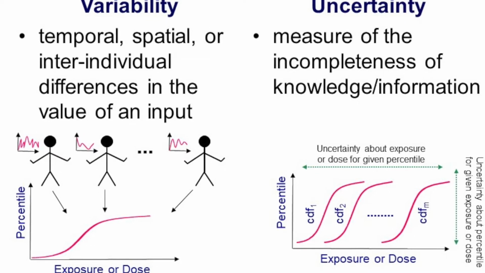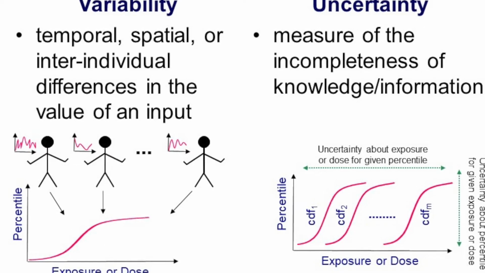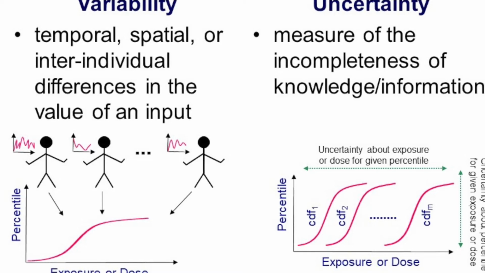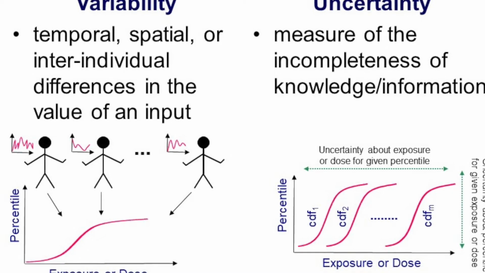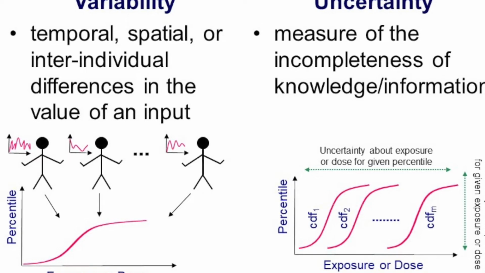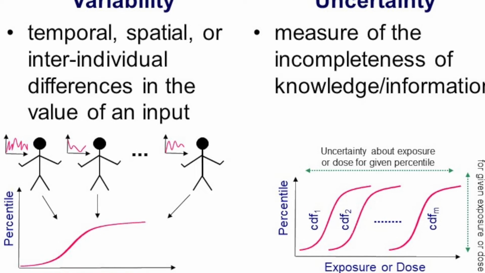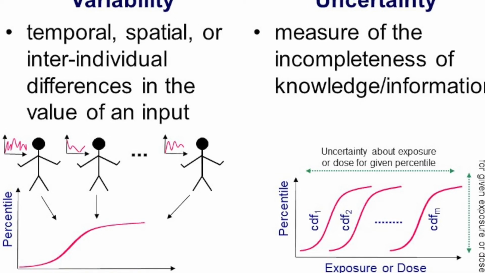If we look at the x-axis, the exposure dose, and pick a number, we see that it can be as low as the one for a given percentile at CDF1, way on the left, or very much on the right, depending on which percentile we choose.